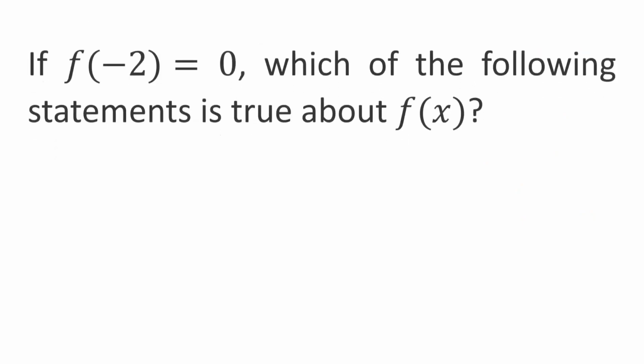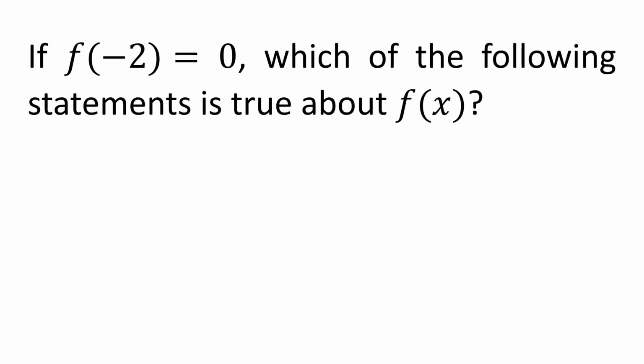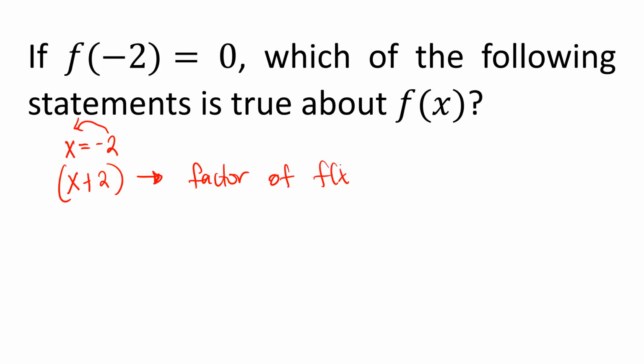For our review, for example, if f of negative 2 is equal to 0, which of the following statements is true about f of x? We know f of negative 2 comes from x is equal to negative 2. Therefore, if we transpose that and get the equation, it becomes x plus 2. Therefore, x plus 2 is a factor of f of x.